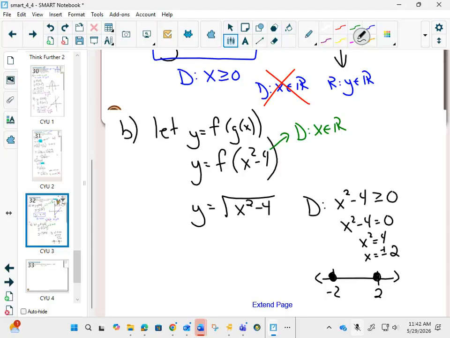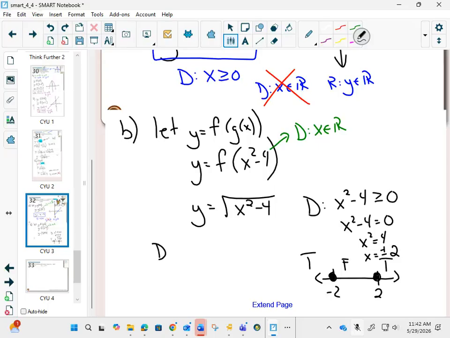Minus 3, oh no, that's false. If I plug in 0, 0 minus 4, oh no, minus 3 is true. Oops, minus 3 squared would be not minus 9, it'd be plus 9. 9 minus 4 is bigger than 0, this section is true. This section is false. And anything bigger than 2, like 5, that for sure is going to be true.